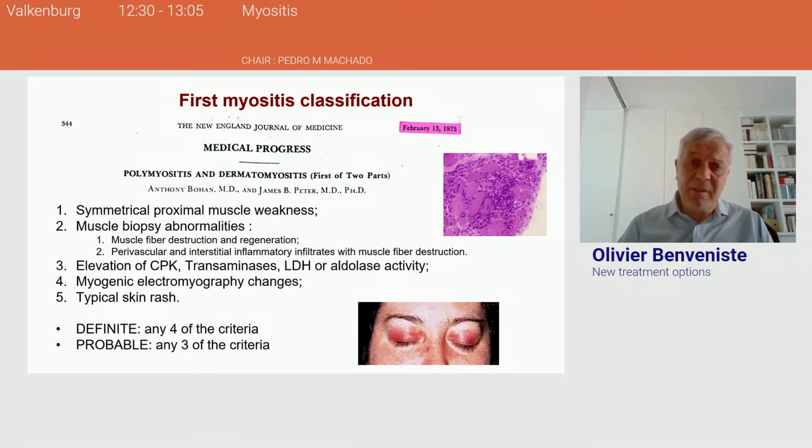If you have a girdle myopathy with inflammation in the biopsy, high CK levels, and a myogenic change on the EMG, then you have a polymyositis. And if you have, in addition, some typical signs of dermatomyositis, such as a skin rash, then you have a dermato.